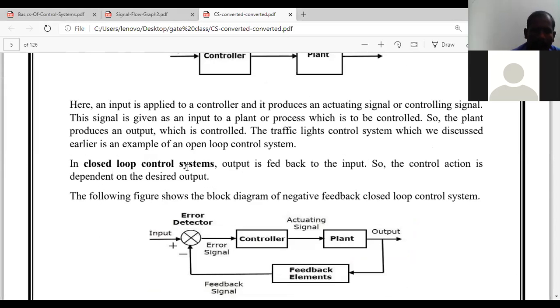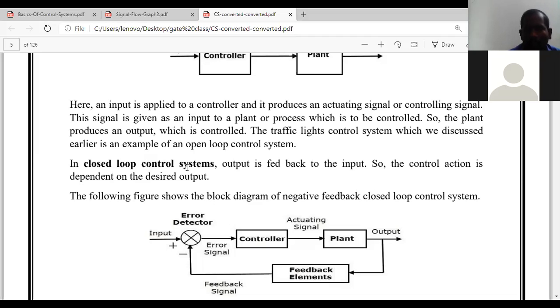Next, the closed loop control system. In the open loop control system, based on the input, your output will vary. It also amplifies the noises, and whatever effect is present in the input due to error will not be automatically corrected.